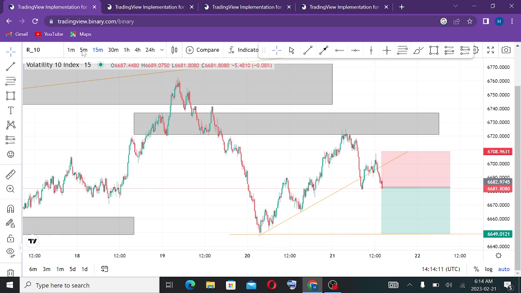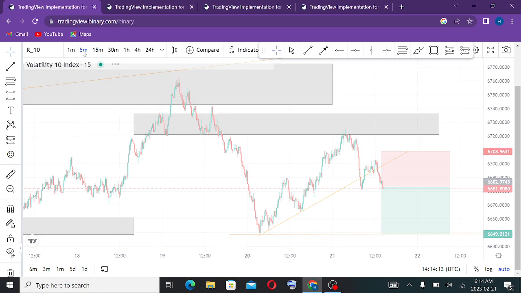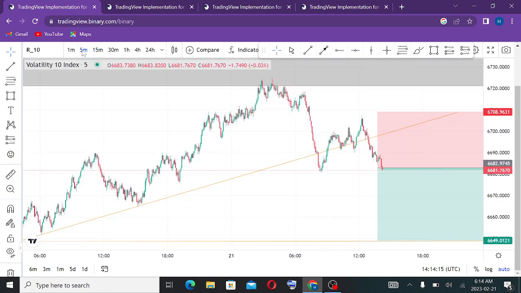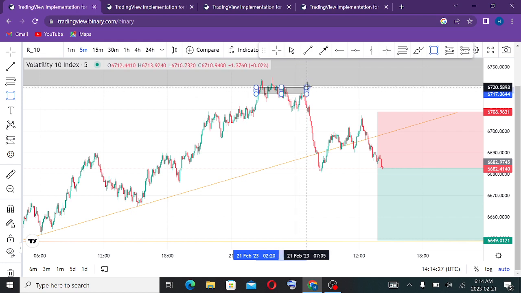Now let's check the 5 minutes time frame. On the 5 minutes time frame, we can see very nice stuff going on here. I told you guys that we can see rally base rally. If we came here and marked this as our base, very simple.